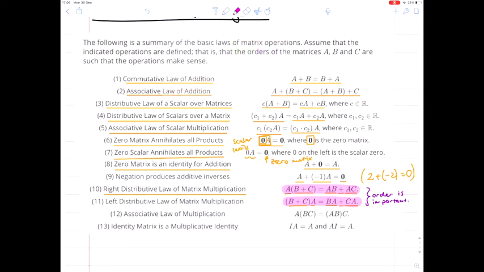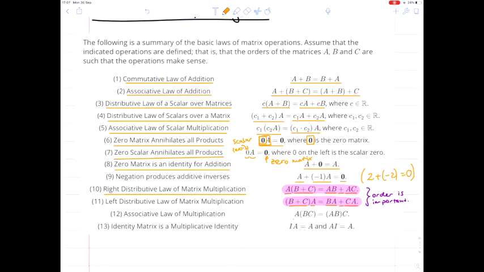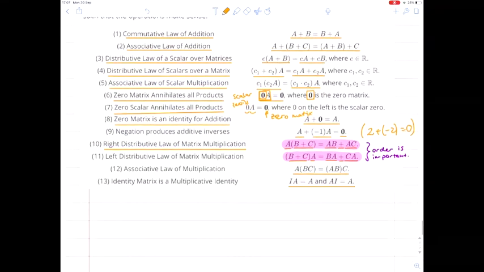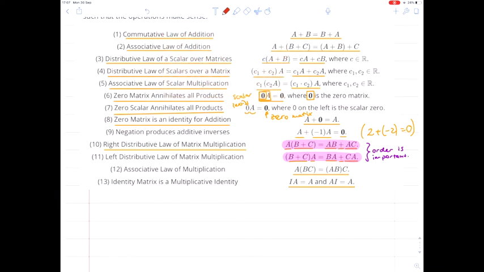And then we've got the associative law of multiplication, which says that A multiplied by B times C is the same as A times B times C. Also, the identity matrix behaves just like the scalar 1. The big thing to notice here, which you would have if you were talking about scalars, is that matrix multiplication is not commutative.